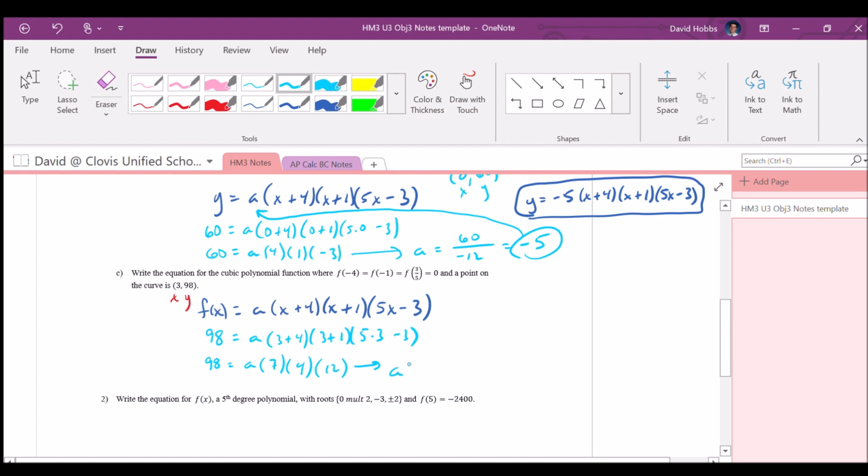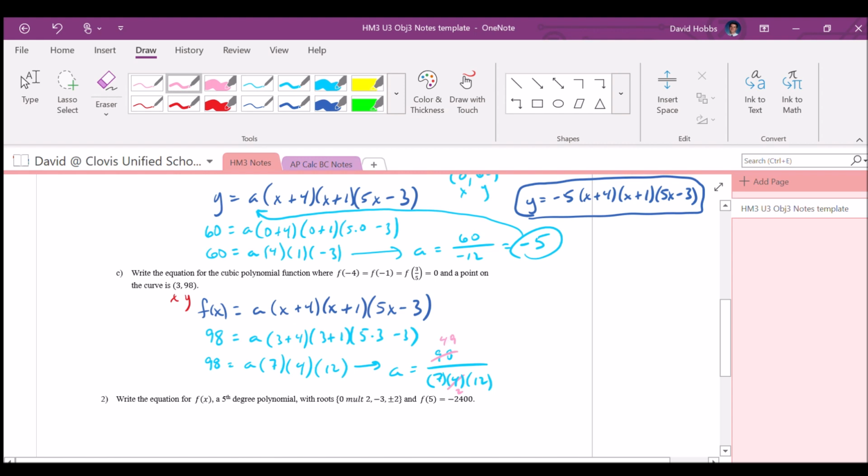Okay, so a is 98 over. Now, yes, we can multiply 7 times 4 times 12, but we're trying to reduce the fraction anyway. And by the way, you only get little calculators still. So I'd probably just leave it like this, 98 over 7 times 4 times 12, and then just start reducing where I can. So for example, I noticed that 98 is even. So 2 goes into it 49 times, and 2 goes into 4 twice.